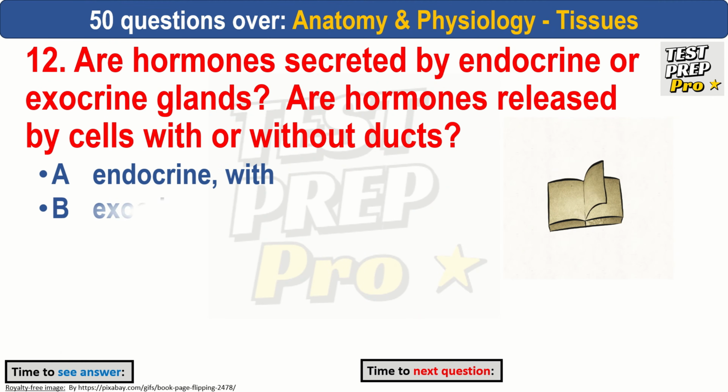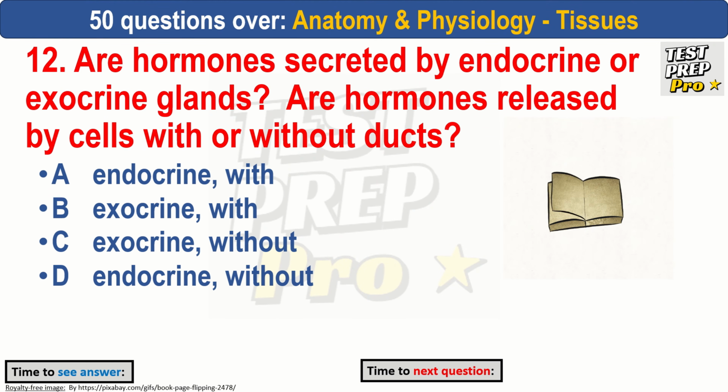Are hormones secreted by endocrine or exocrine glands? And the second part of the question, are hormones released by cells with or without ducts?